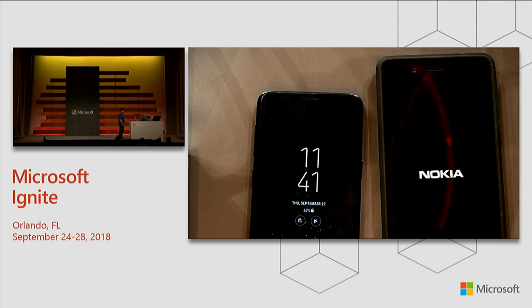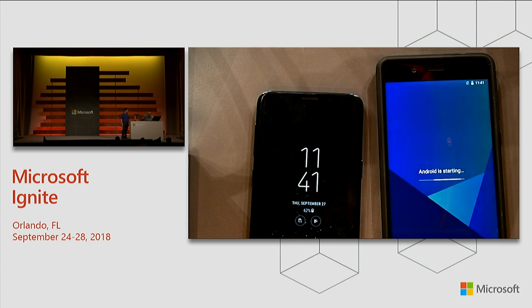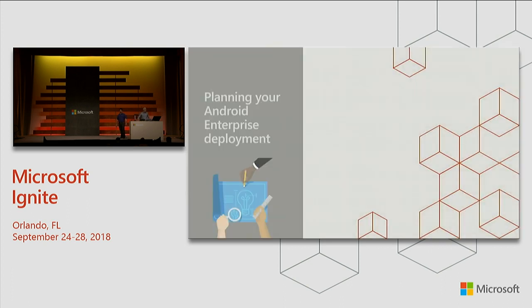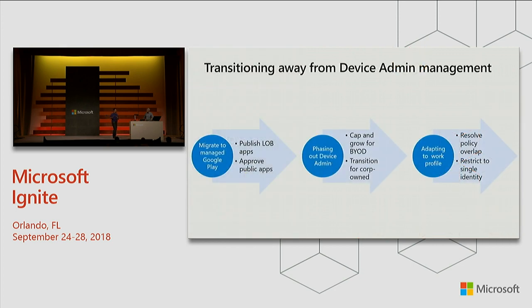Okay. Let's go back to the slides, and that was number 5. Cool. So let's talk about planning your Android enterprise deployment. We really see 3 phases here. First and foremost, look at your LOB apps and start planning to publish them into Managed Google Play. Get familiar with the app publishing process in Managed Google Play.